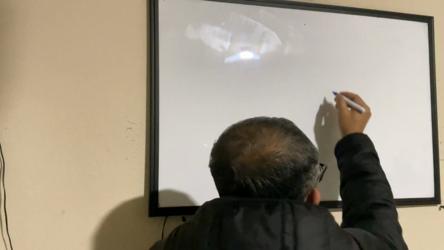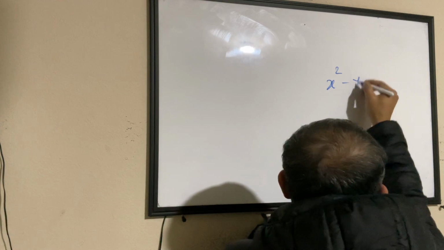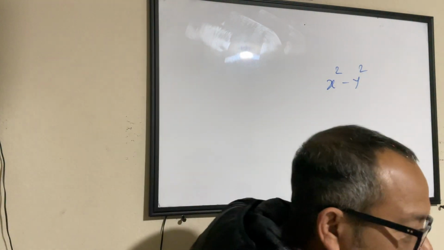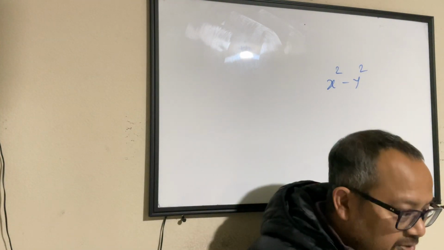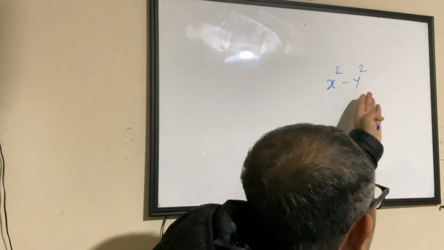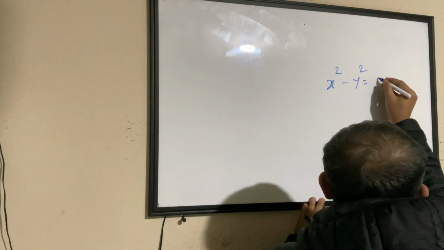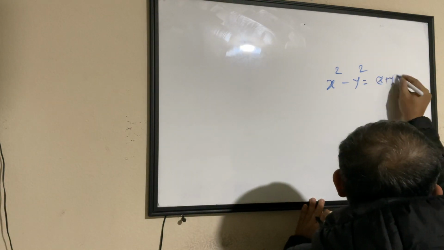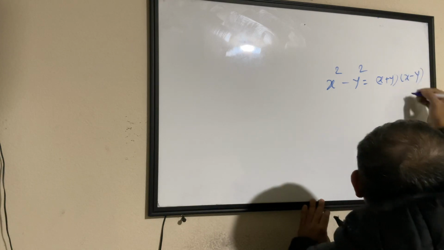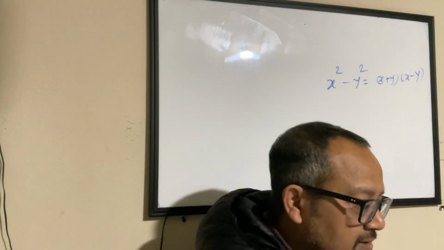Now, if you look at x squared minus y squared, if you have to factorize this, you are very comfortable doing it, right? It's like a squared minus b squared, and you'll say, I know this is (x + y) times (x - y). No problem so far, correct?